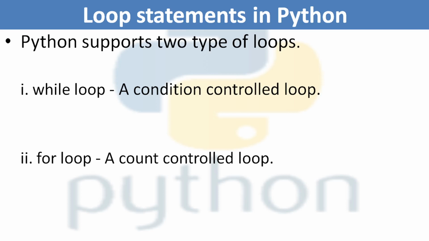You don't know beforehand how many times the loop is going to be executed. Second is the for loop, a count control loop. With the for loop, a set of statements can be executed a predefined number of times, so you know beforehand how many times the statements within the for loop will be executed.